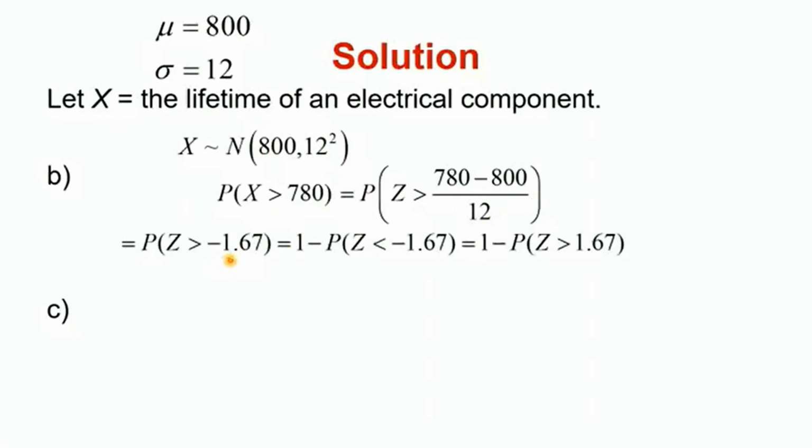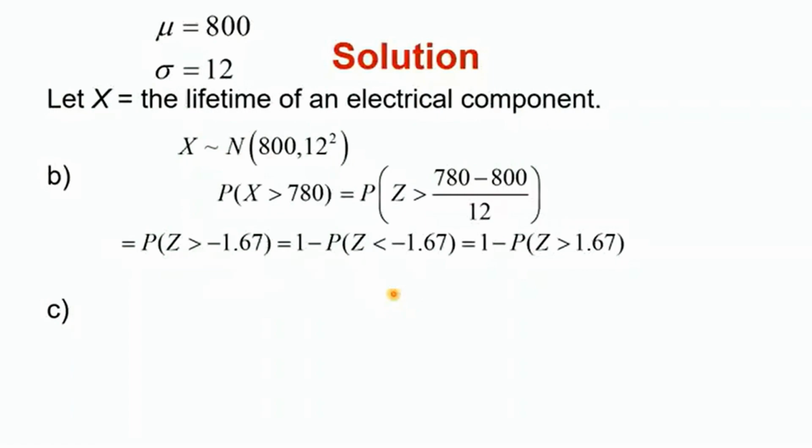The value of Z is more than negative 1.67. Because the normal distribution is symmetric, you can find the probability of Z more than 1.67, but you need to deduct from 1 because this one is more than a negative value. First, deduct from 1, and then using the symmetrical property of the normal distribution, find Z more than 1.67. From the table, you get 0.9525 as the final answer for this one.